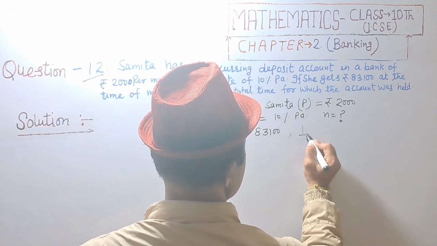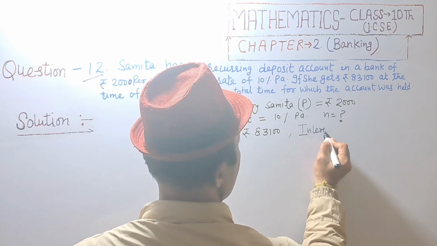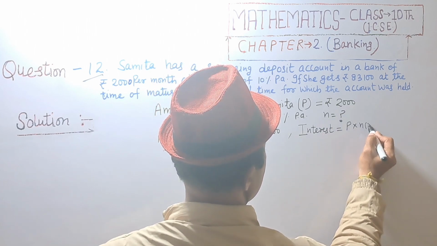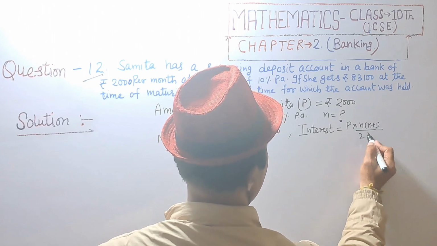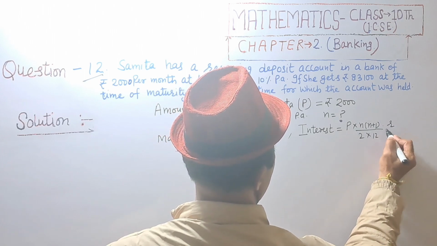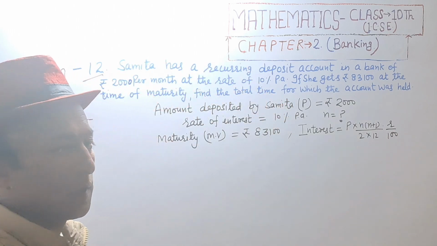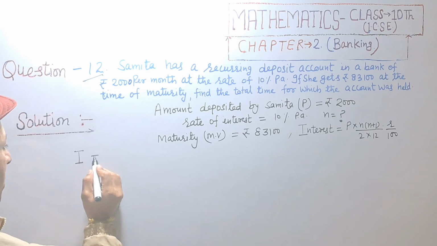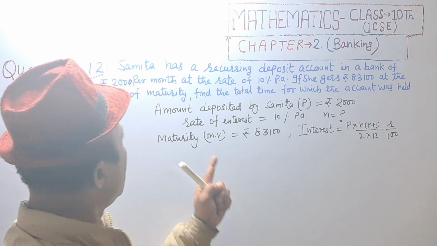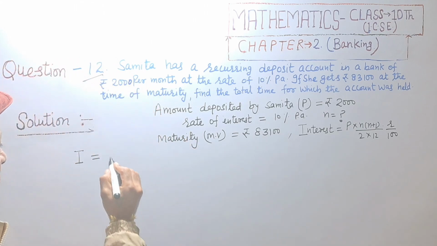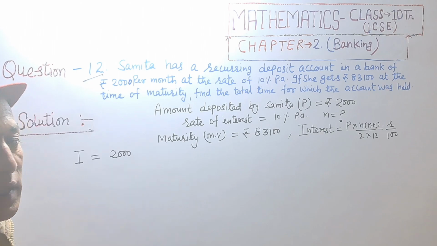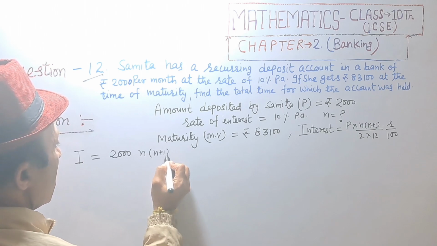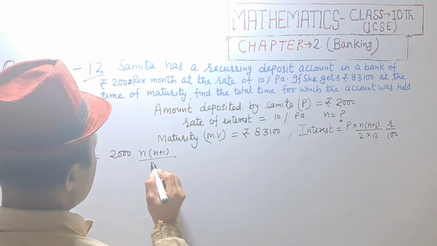First we find interest, that is equal to P into N into (N plus 1) divided by 2 into 12 into R upon 100. So interest is denoted by I and P is given 2000 rupees. N into (N plus 1) divided by 2 into 12, that is 24.